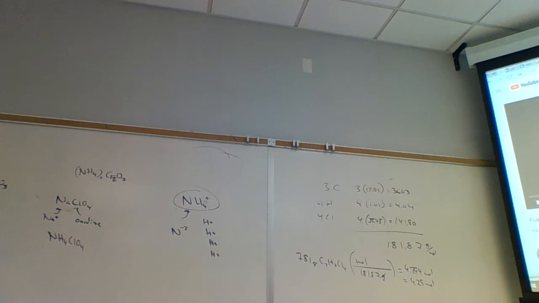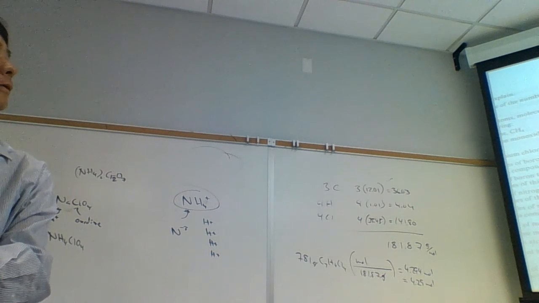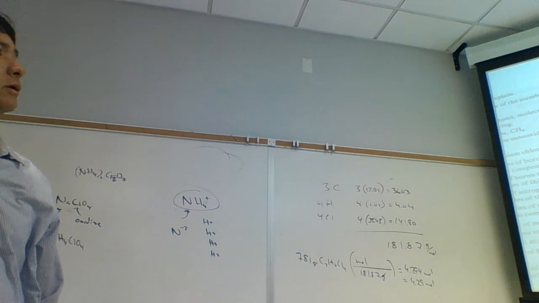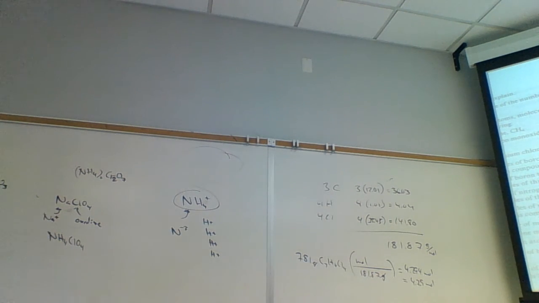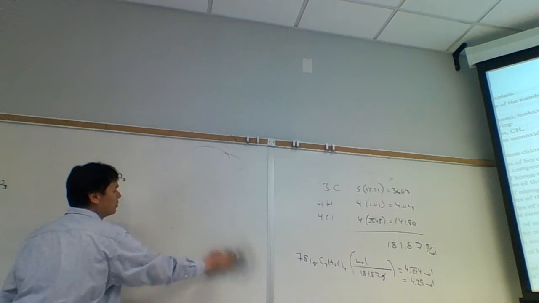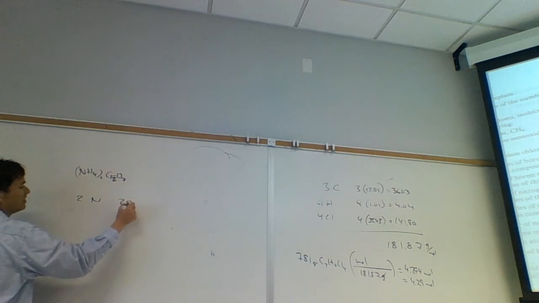Well, anyway, let's take a look at ammonium dichromate, dangerous stuff. 8.80 grams. This one's a little more difficult to figure out the molar mass, but we can do it quickly. How many nitrogens? 2 nitrogens is 28.02.